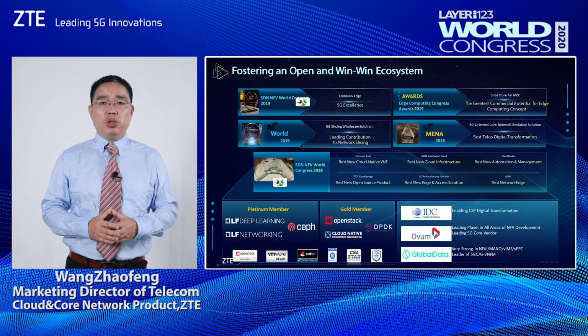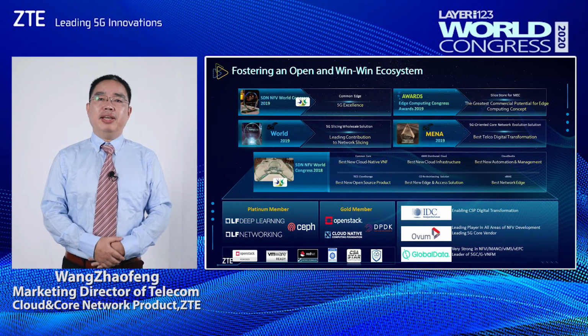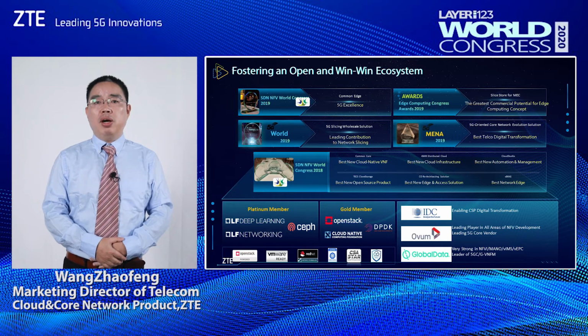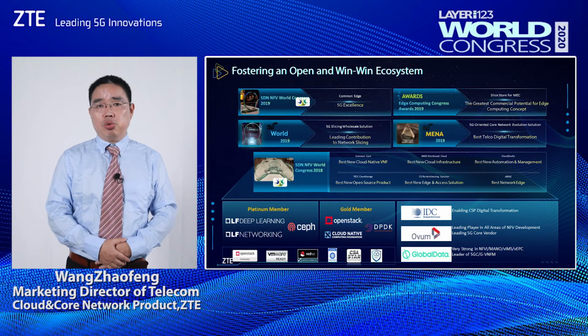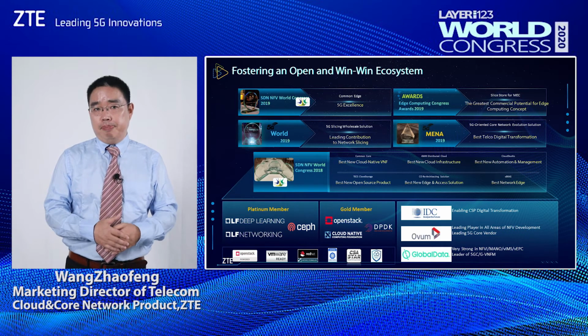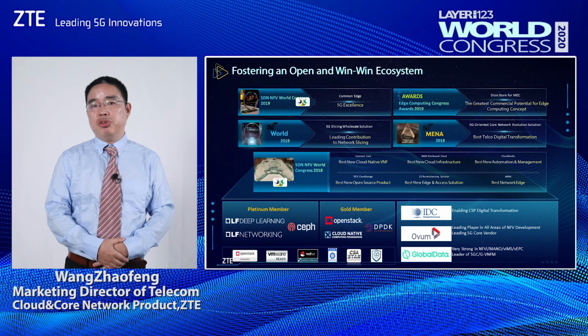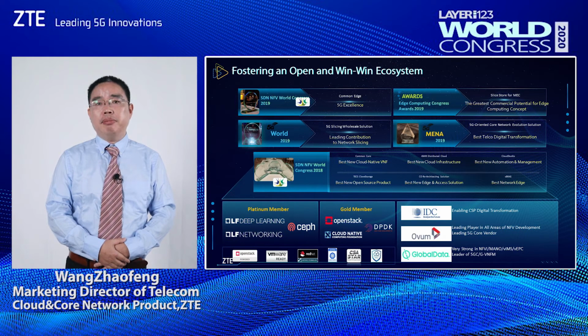ZTE is focusing on building an open and win-win ecosystem. We have won many awards in recent years for our outstanding products and solutions. 5G slicing wholesale solution, leading contribution to network slicing in 2019 5G World. 5G-oriented core network evolution solution, the best telecom digital transformation award in 2019 Middle East and Africa 5G Summit.